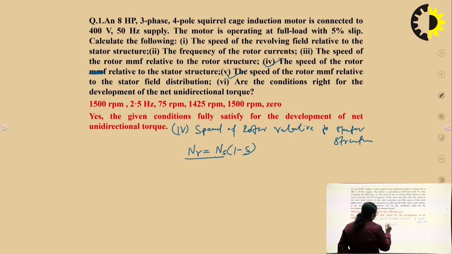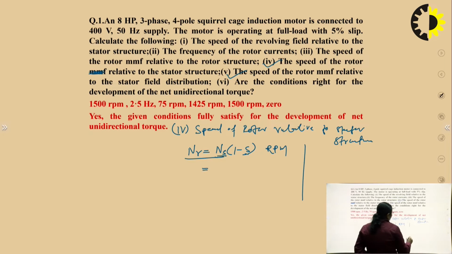If we put NS in RPM, we are going to get NR, the rotor speed, in revolutions per minute. So substituting the values, I first need to determine the synchronous speed of the machine, NS.